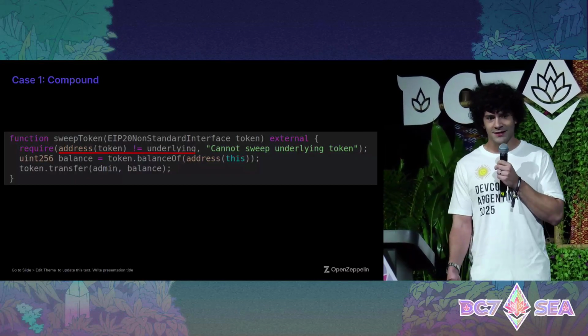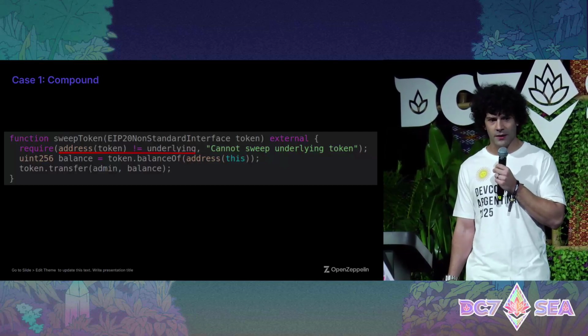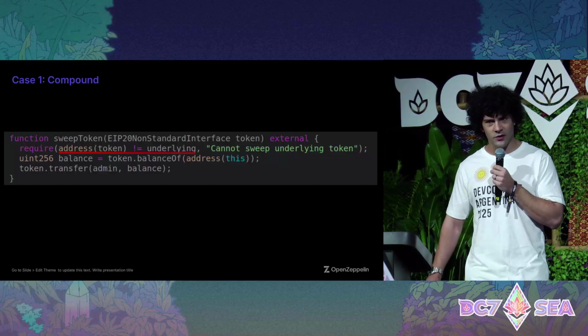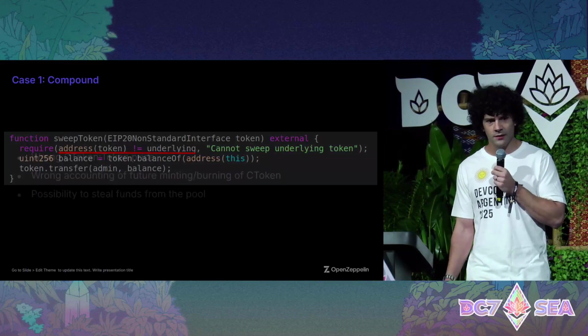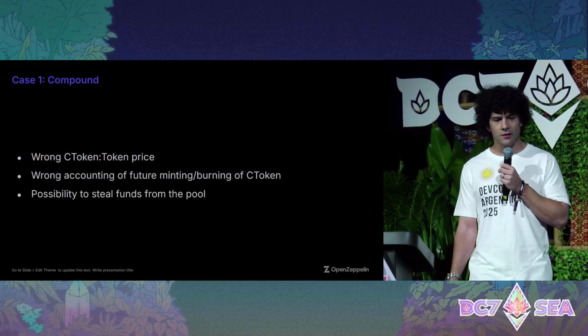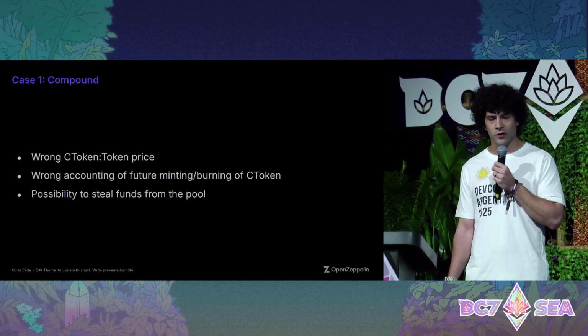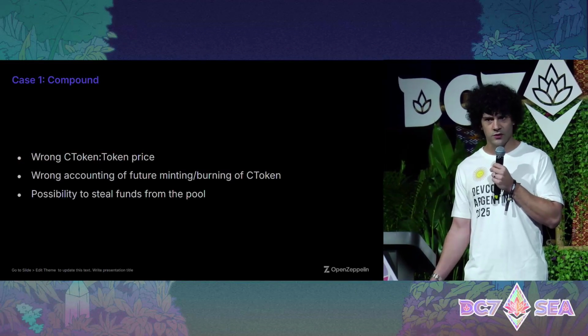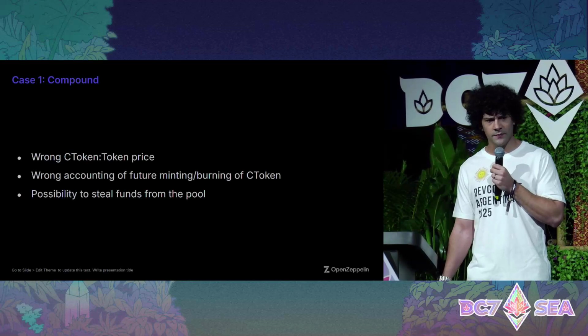The problem is that the underlying could be 2 addresses. So actually you can call this function, bypass the require statement, and move all the funds that were in the C token or the CTUSD contract back to the admin, basically creating chaos. One of a couple of things that we saw happen is that the C token to token price got completely screwed, so any mint or any burn would account wrongly.